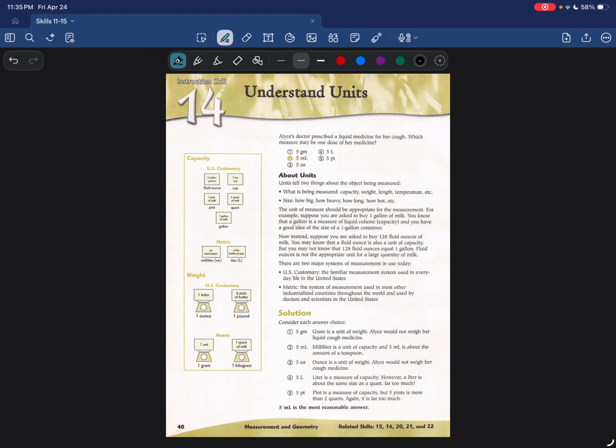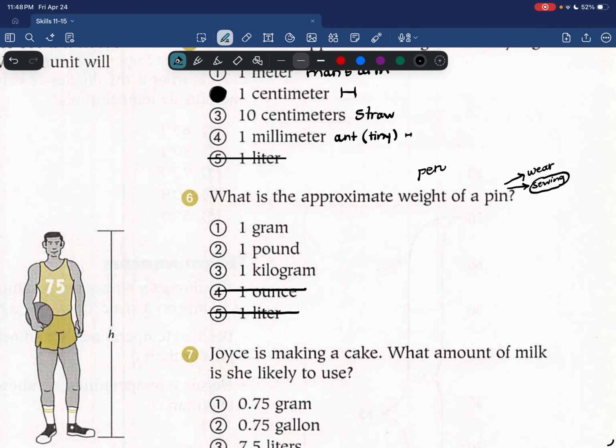And we're talking about weight, so we can eliminate an ounce and a liter. We have a gram, a pound, and a kilogram. It's going to be a gram. Pound is 4 sticks of butter. That would be way too heavy.